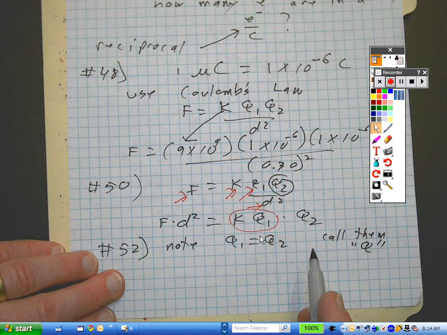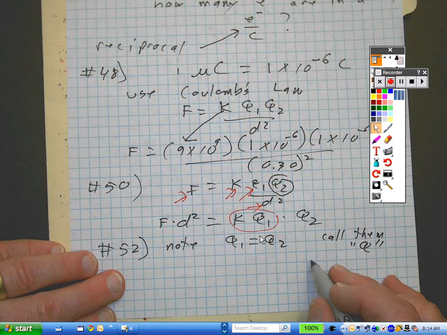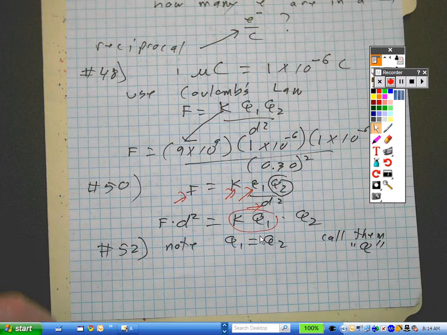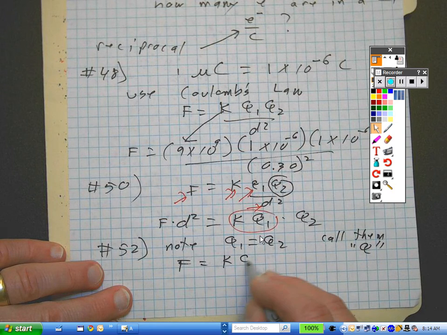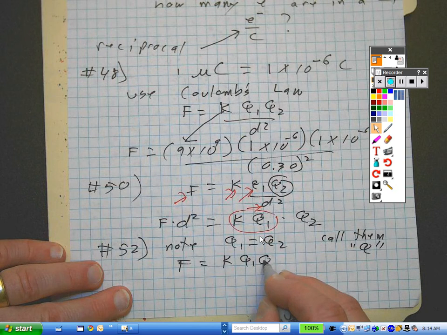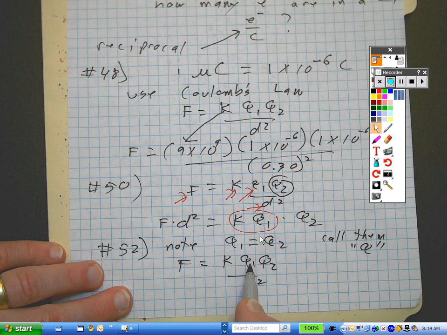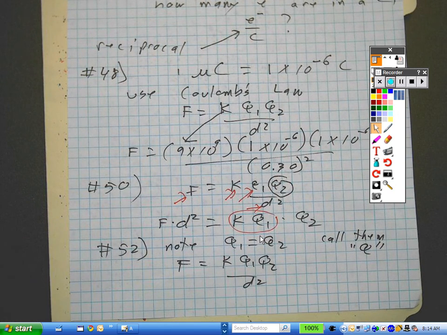And remember, if you have Q squared and you're solving for it, then you can take the square root. Again, I will use F equals K Q1 Q2 over d squared. This times this will make Q squared. I hope these help.